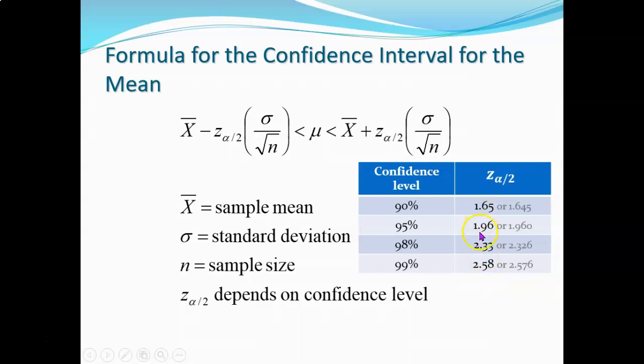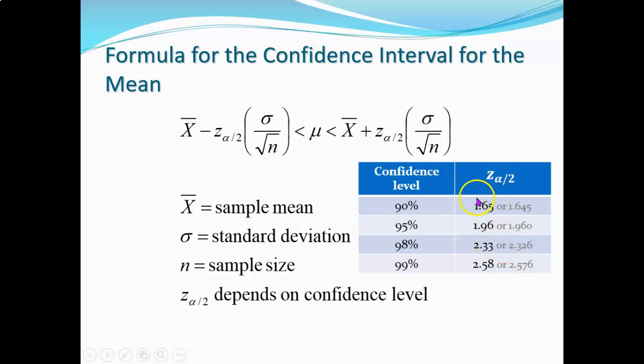I'll just deal with these values for z sub alpha over 2 that have 2 digits after the decimal point, but sometimes you will see them given out to 3 decimal places. So for a 99% confidence interval, the number you would put into the formula for z sub alpha over 2 would be 2.58, or if you wanted to be a little more precise, you could put in 2.576.